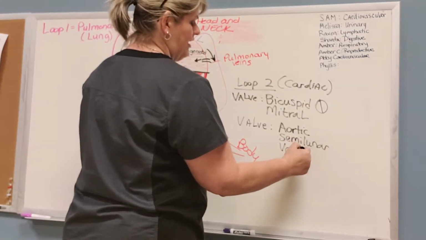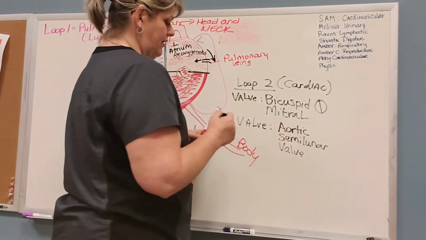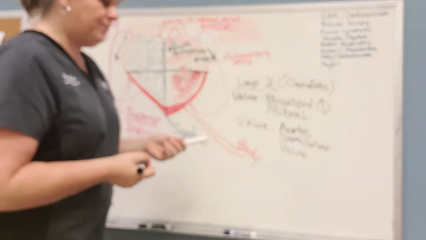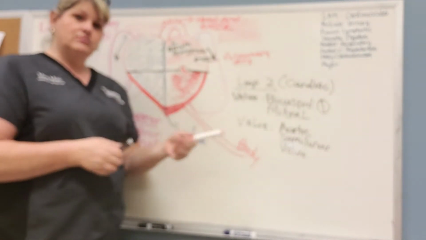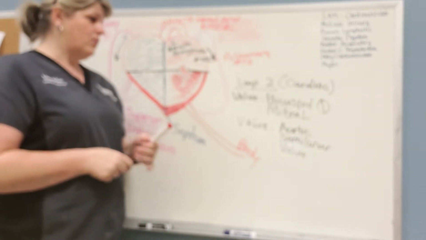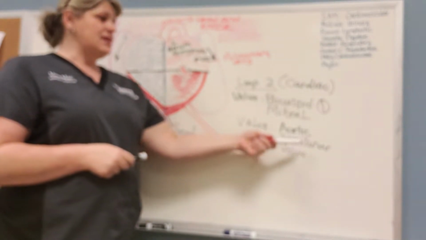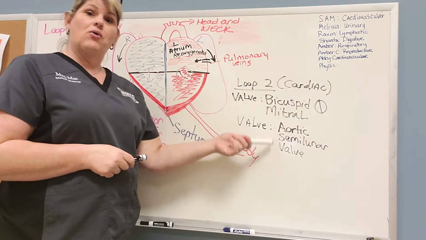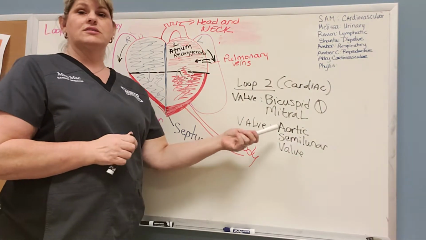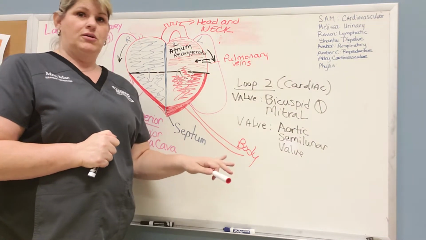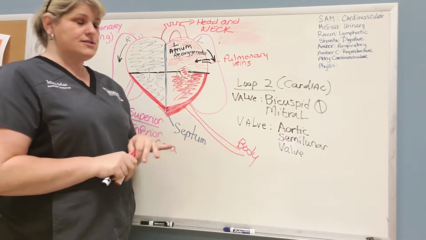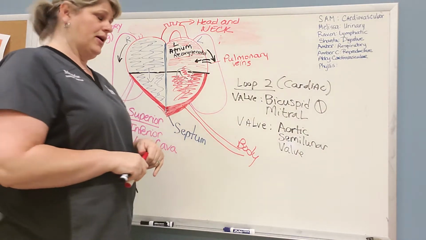The pulmonary valve goes to the lungs, the aortic valve goes to the aorta. Now, in medical journals and outside in the real world, you might not see semilunar valve, you might just see aortic, you might see aortic semilunar. So I want you to be familiar with both terms because they're interchangeable, okay?